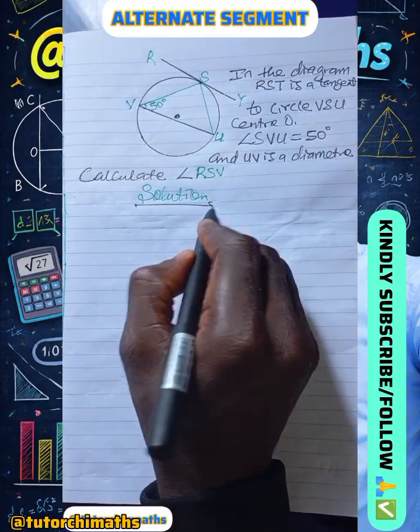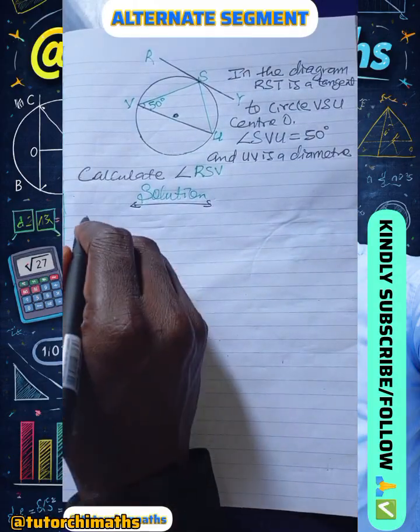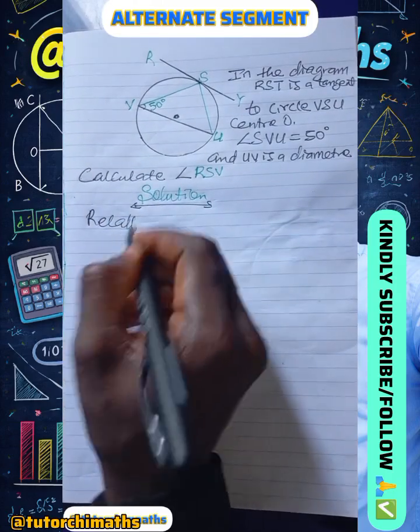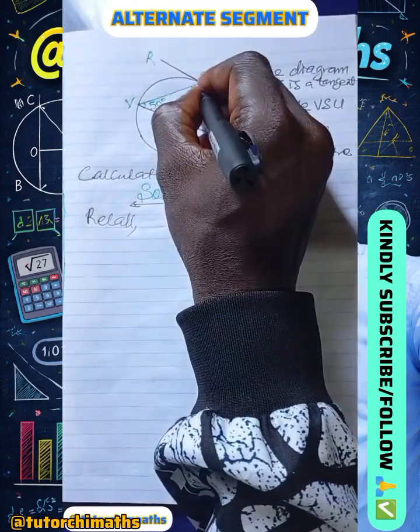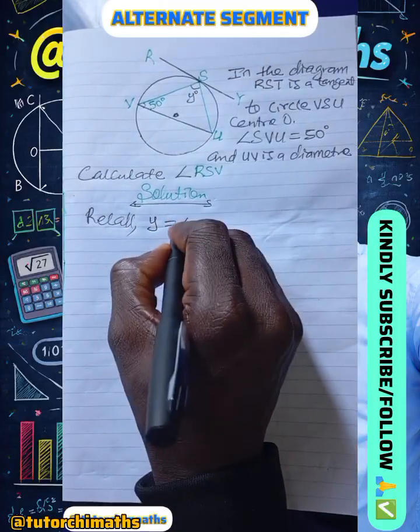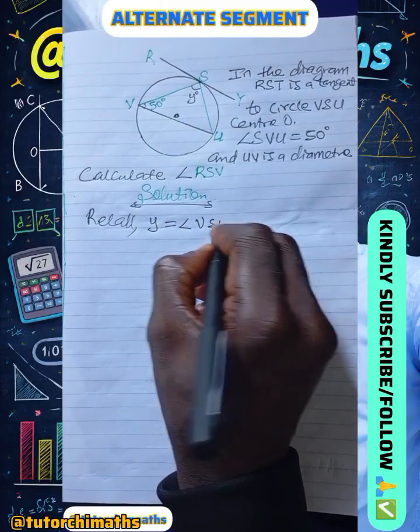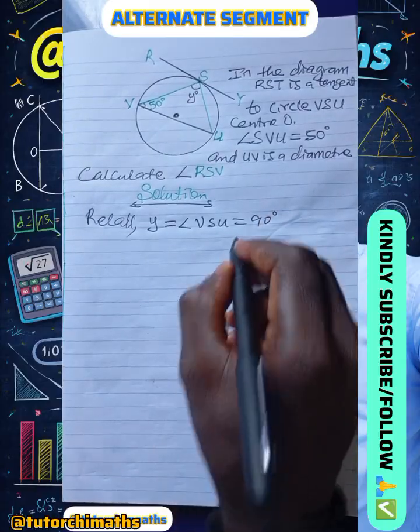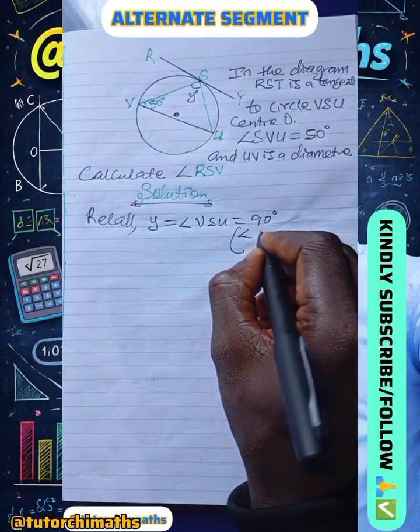Solution. First, recall that this angle here, let's call it Y, which is our angle VSU, is 90 degrees. The reason is angle in a semicircle.